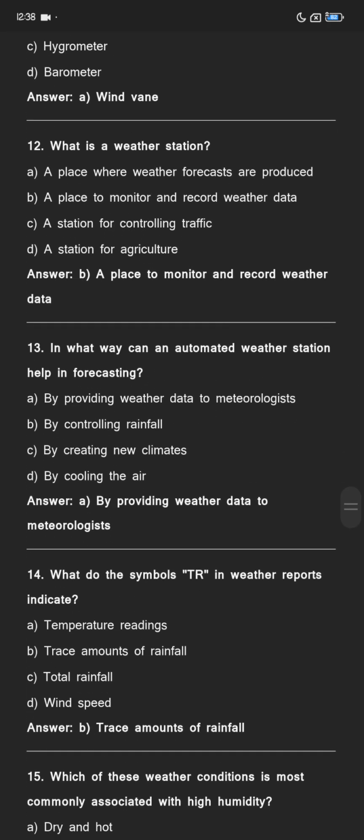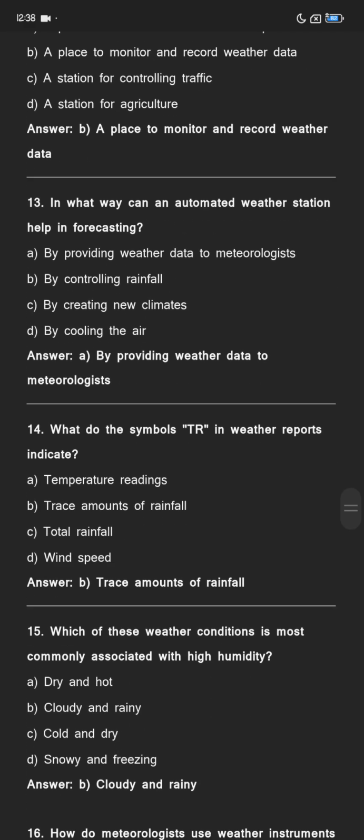In what way can an automated weather station help in forecasting? By providing weather data to meteorologists, by controlling rainfall, by creating new climates, by cooling the air. Answer is by providing weather data to meteorologists.